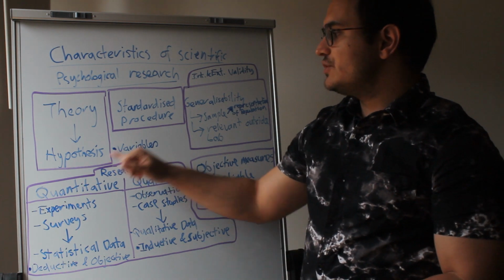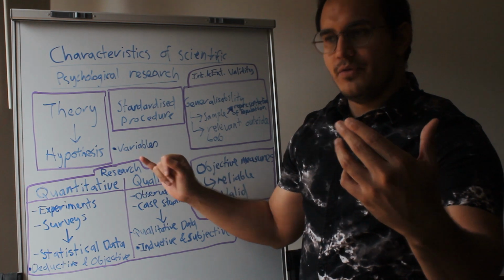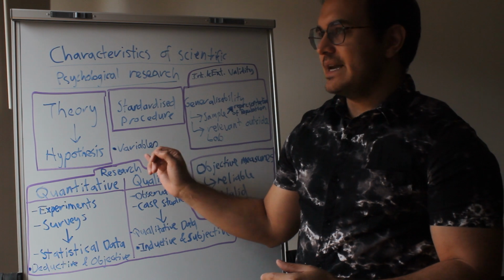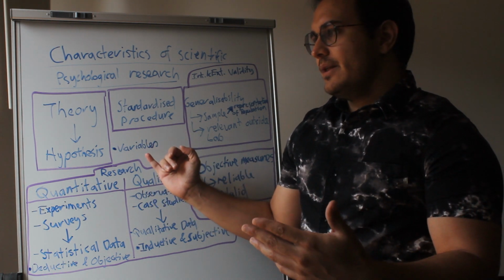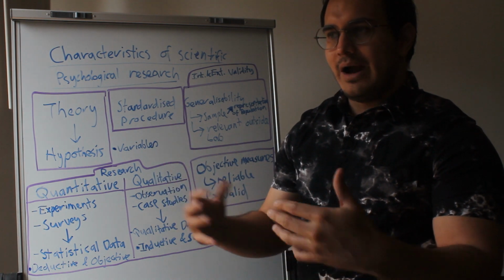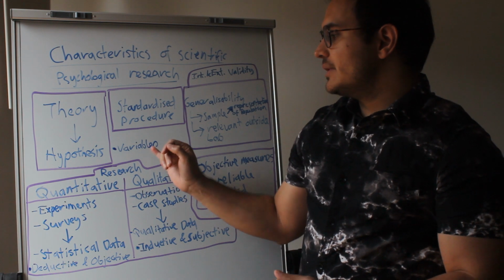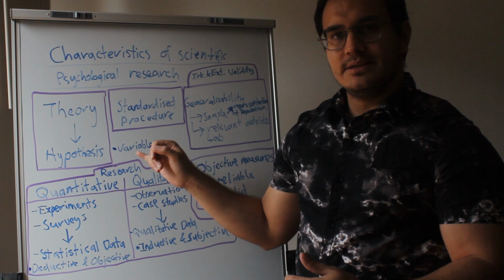Usually it's a prediction about the relationship between one or more variables. For example, we predict that people who have a higher IQ will do better at school, so you're predicting the relationship between these variables.